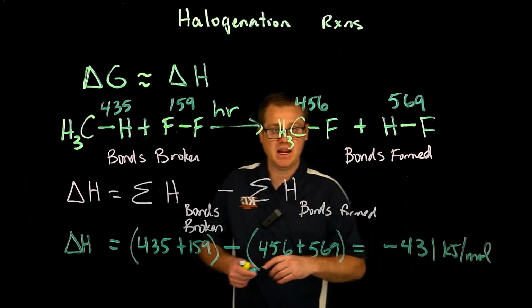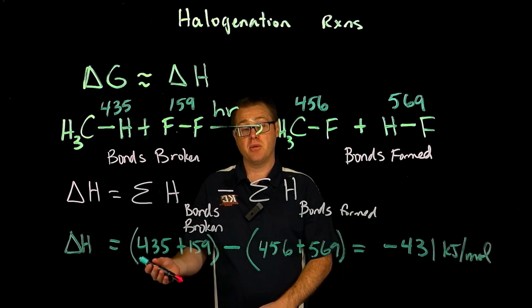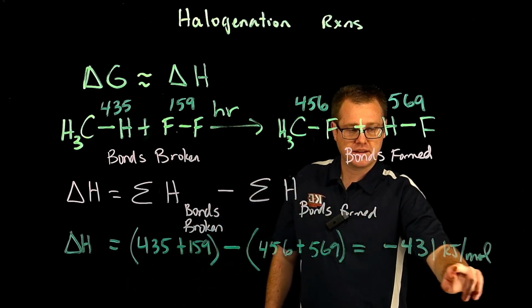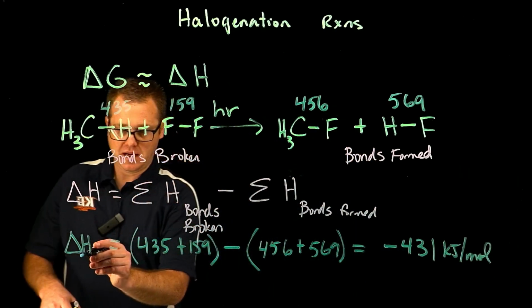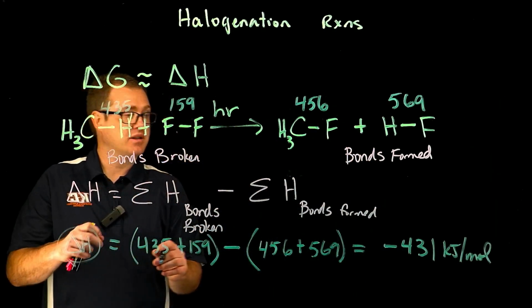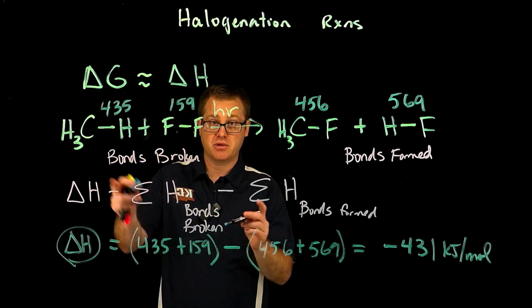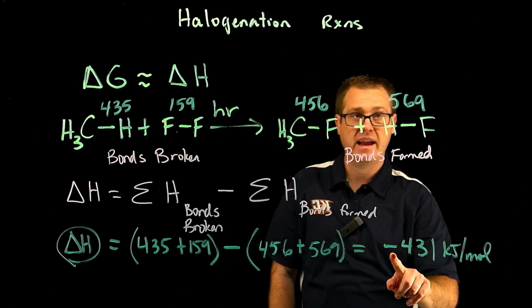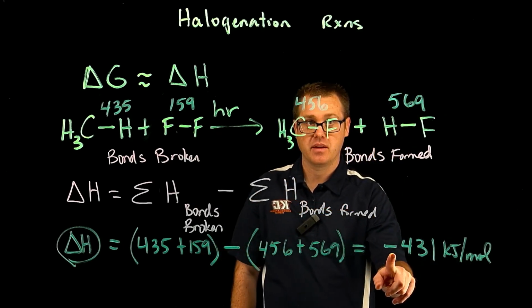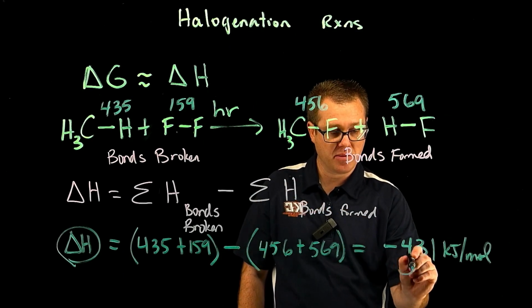That's how much heat or enthalpy is released, typically in the form of heat. That's a lot of energy. And since we know enthalpy in our situation here equals Gibbs free energy, I know that this reaction is going to be spontaneous and favorable because we have a negative delta G. And so what we have is an exothermic process.